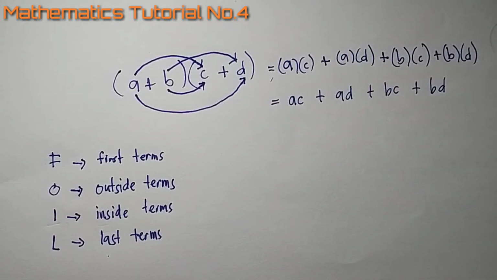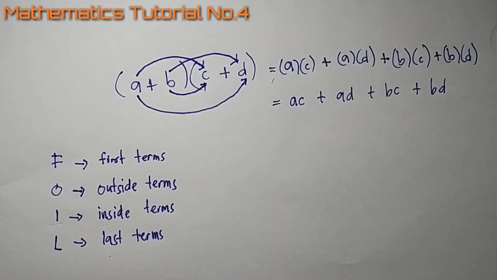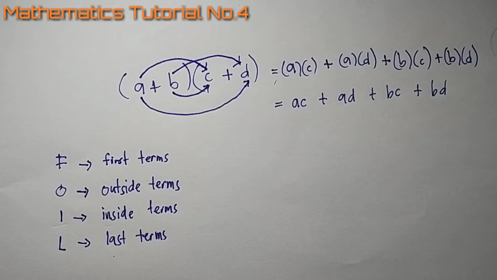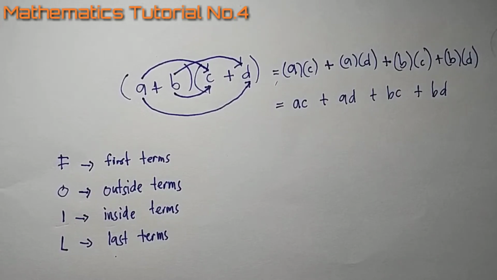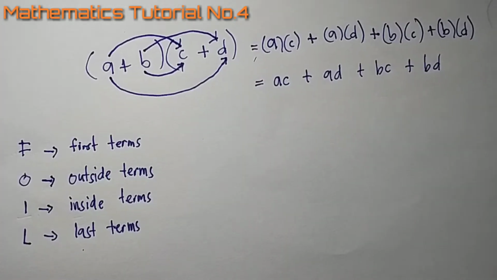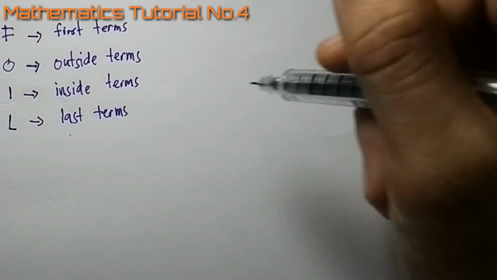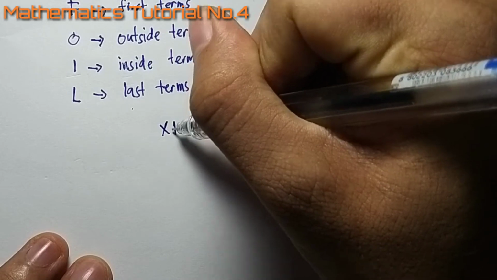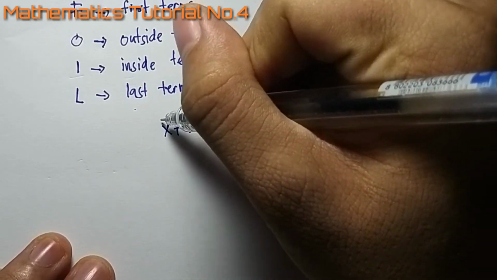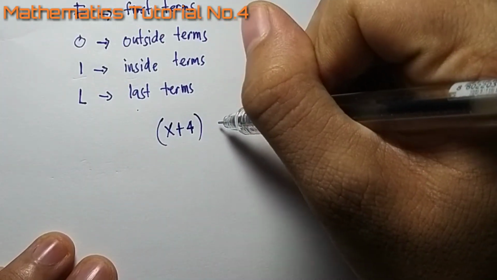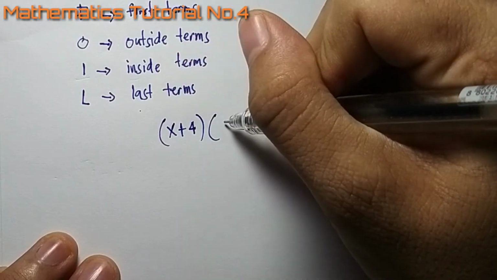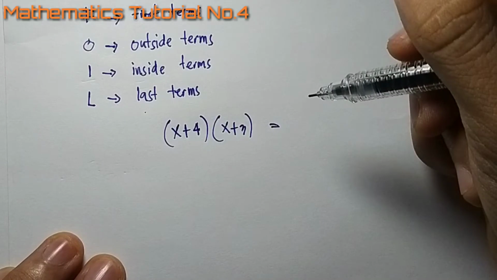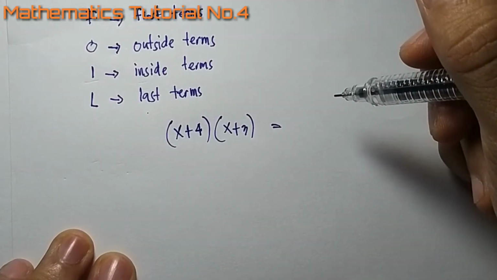So this time, let us have another example para mas masabtan nato kung giunsa nato paggamit si FOIL method sa pagkuha sa product of two binomials. Okay, let us try x plus 4 times x plus 3. So again, we're going to use the FOIL method.